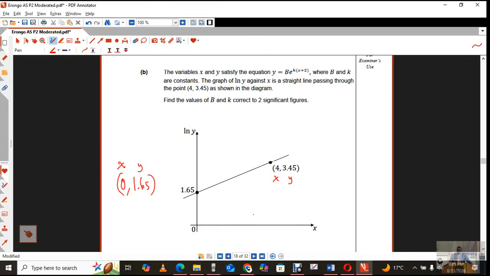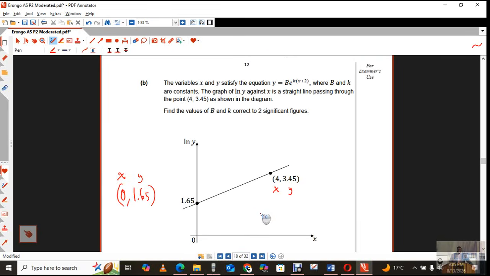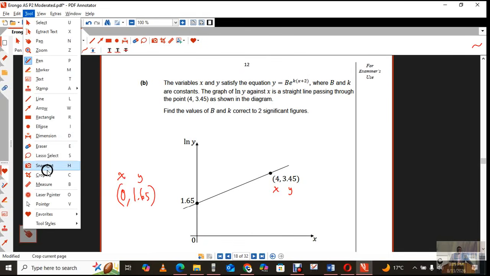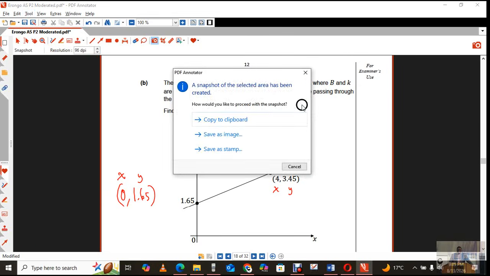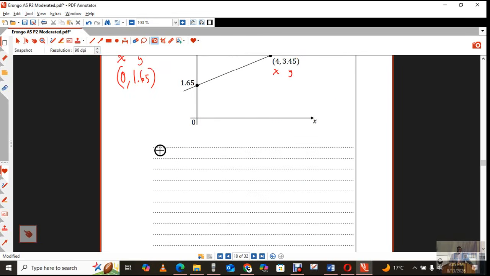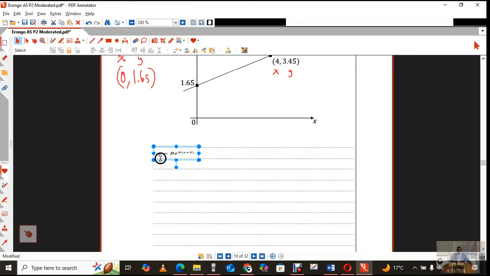Okay, good. We need to find the values of b and k. So let's just write that equation. Let me just go take a snapshot of it and bring it over here. Okay, here we go.